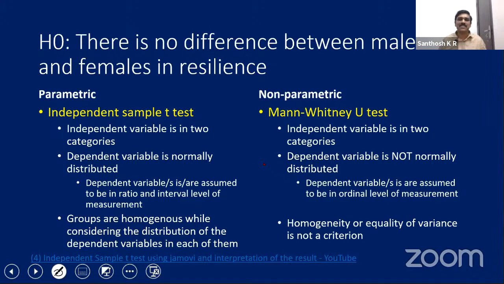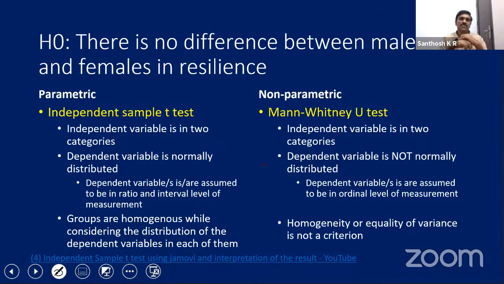So usually we will call it a scale which is either interval or ratio. Here the scores of resilience are on the scale of either interval or ratio in the level of measurement. But males and females, it is a nominal level of measurement.